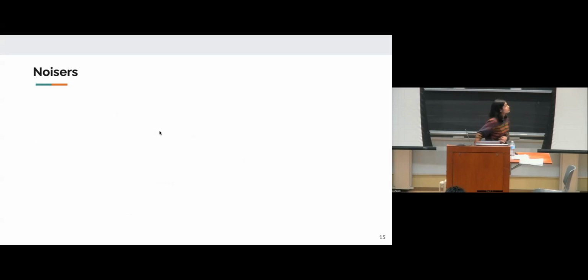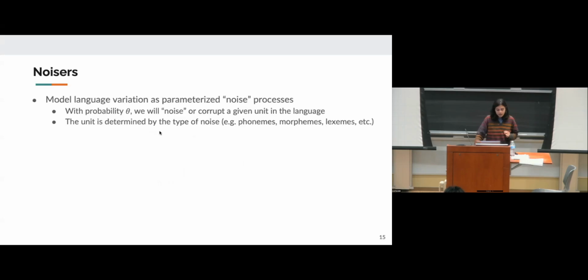So let's talk a little bit about what these noises look like. Briefly, we said they are parameterized by these Bernoulli thetas, and theta is just the probability that we noise some unit in the source language. What that unit is depends on the kind of noiser we're interested in. For the phonological one, it would be phonemes. For the morphological one, it would be affixes, and so on.